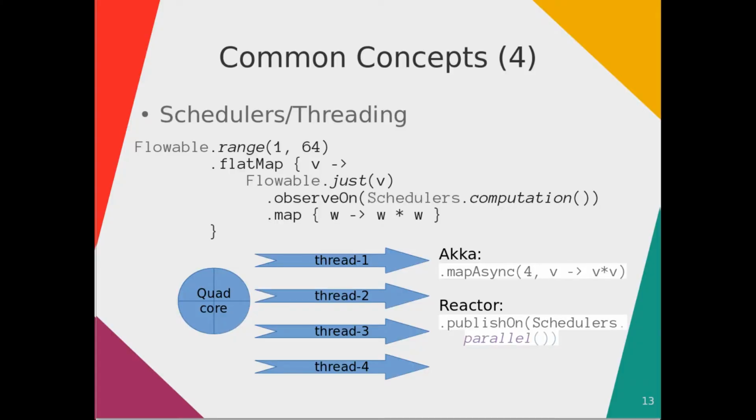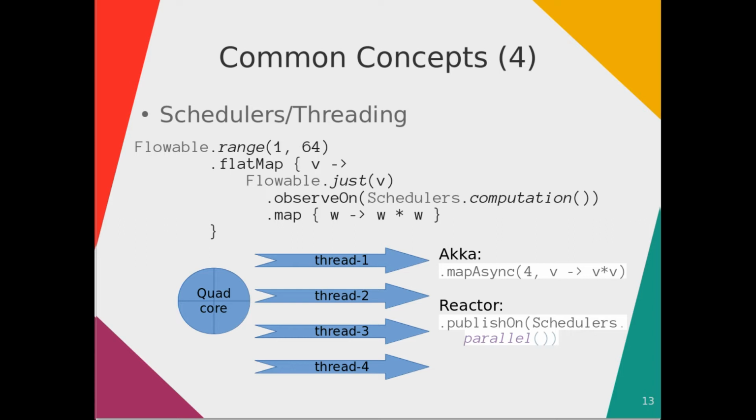So as discussed earlier, there are common concepts of schedulers for describing what kind of threading that you want to use in your environment. So here's an example in RxJava. You use a flowable. I'm using a range of 1 to 64. I'm observing on the computation scheduler, and then mapping.